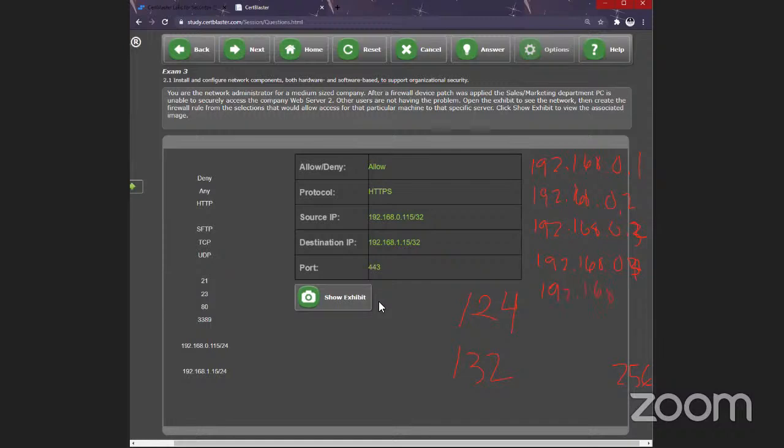So that's why, instead of writing that up to 256 or 254, we would write /24. So that just means everything inside of here.